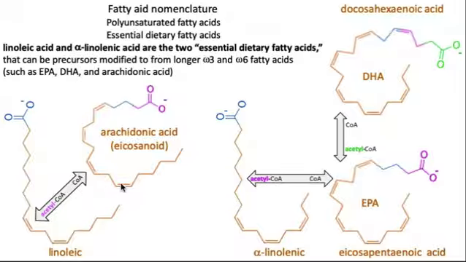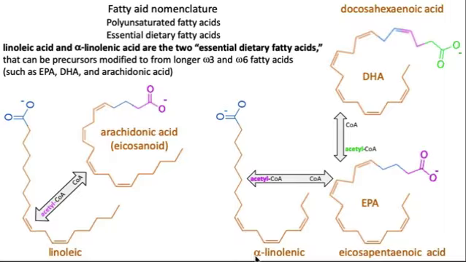Accordingly, humans can never take linoleic acid and change it from an omega-6 fatty acid to some other type, omega-3 or omega-9. However, humans can alter the carboxylic acid end by elongating it with 2 carbon units and by desaturase enzymes to convert linoleic acid to arachidonic acid.